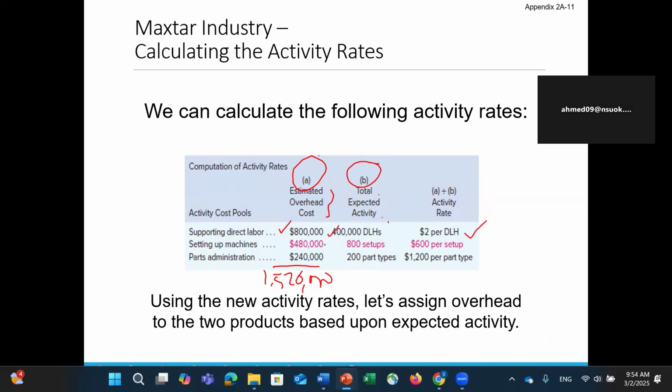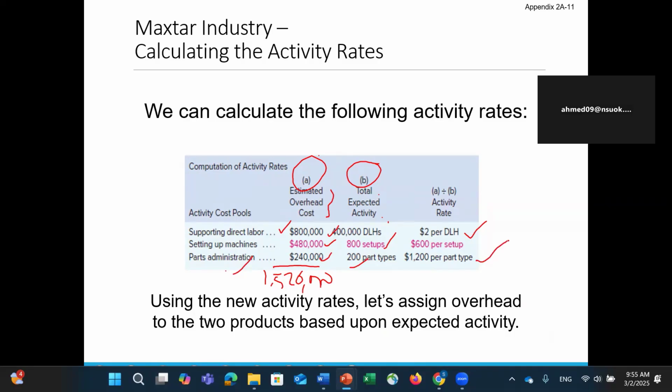And 480 divided by 800 gives you 600 per setup. And the parts administration, 240 divided by 200, gives me 1,200 per part type.